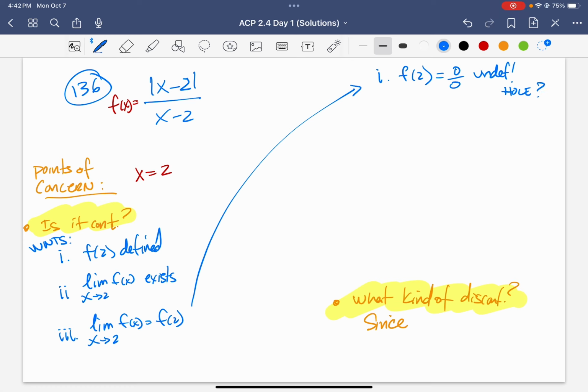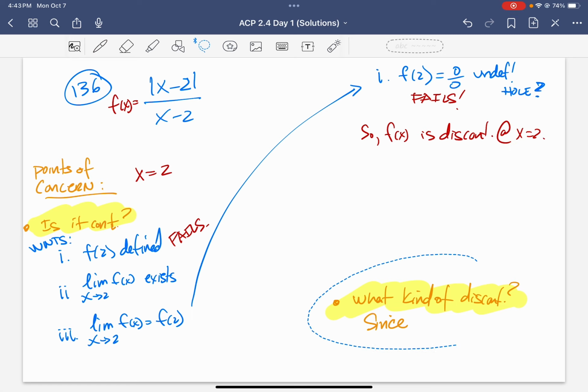We don't know, right? So let's see. I'll put a question mark here. So what could it be? Well, the main thing we know is it's undefined, so it fails to be continuous there. So it fails the first condition. So f of x is discontinuous at x equals 2.